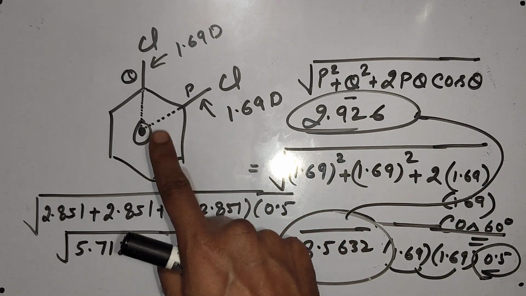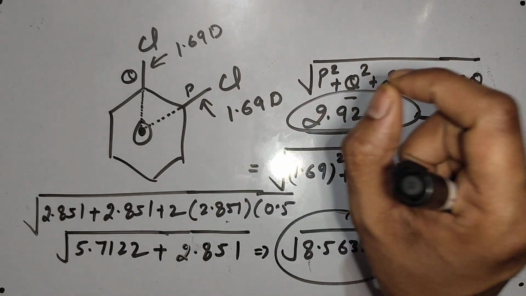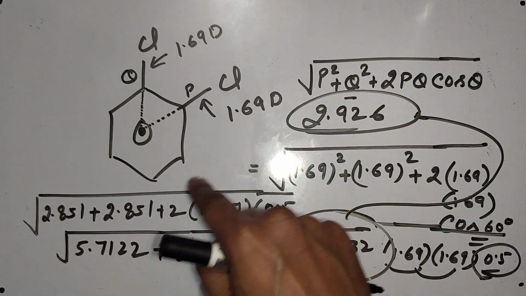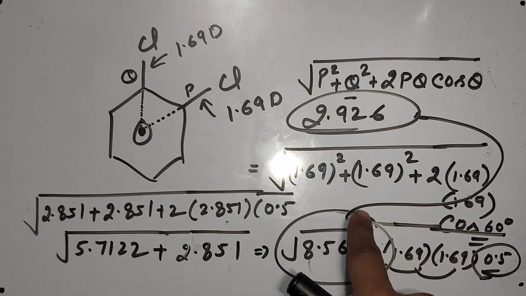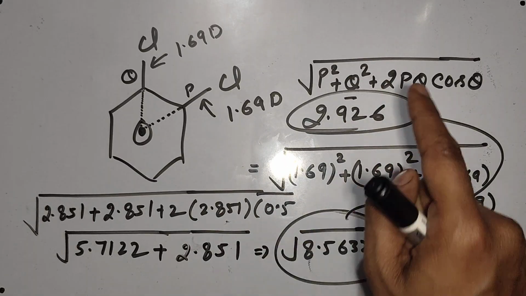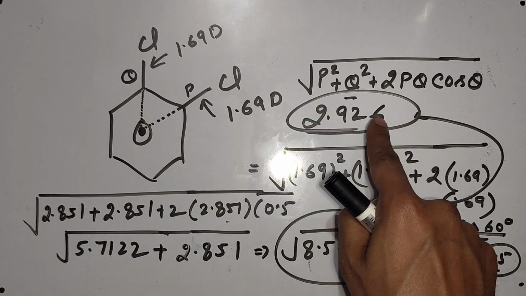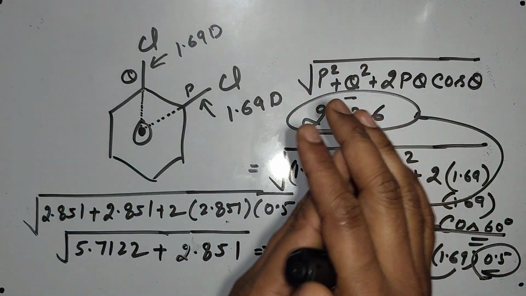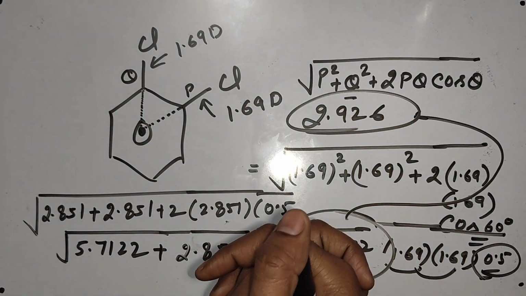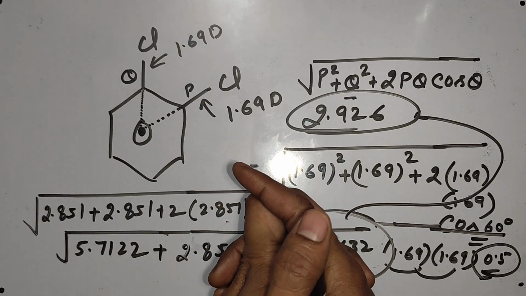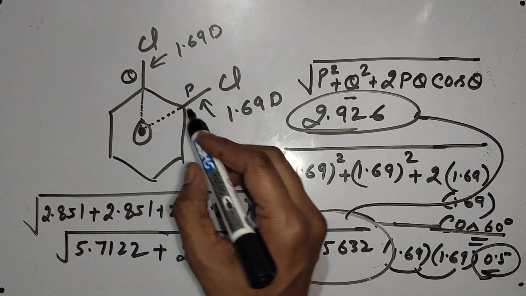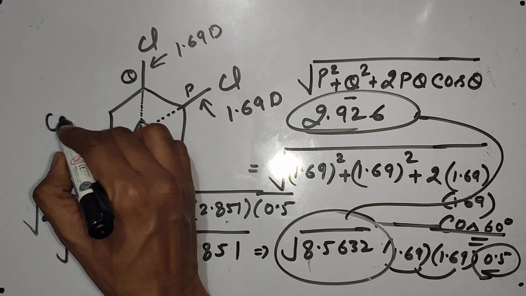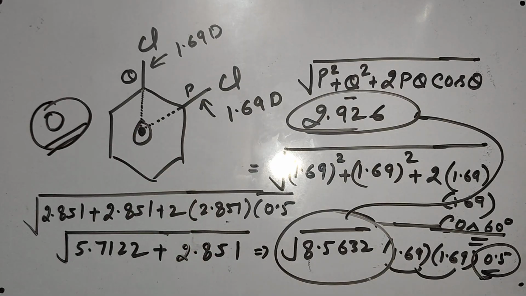In previous videos, I have told you the values of these dipole moments, carbon and chlorine, 1.69 D. Just keep on putting these values in the formula, and finally you will find that 2.926 is the dipole moment of this case. Similarly, you can find the dipole moment of meta as well as para. When you solve the para case, you will find the value will be 0. The dipole moment value will be 0 there.